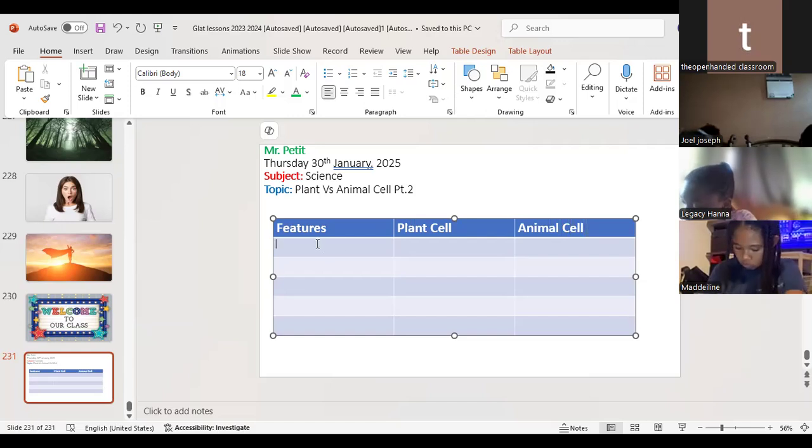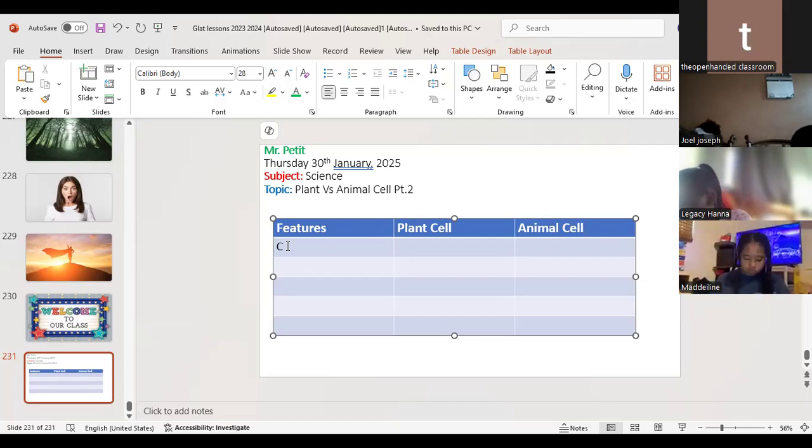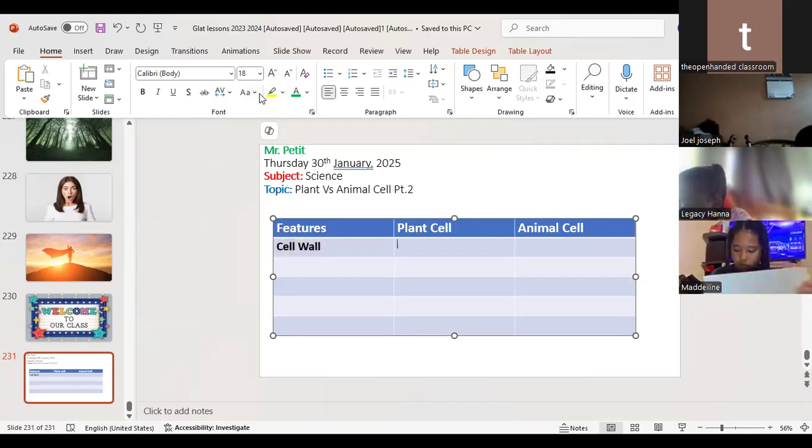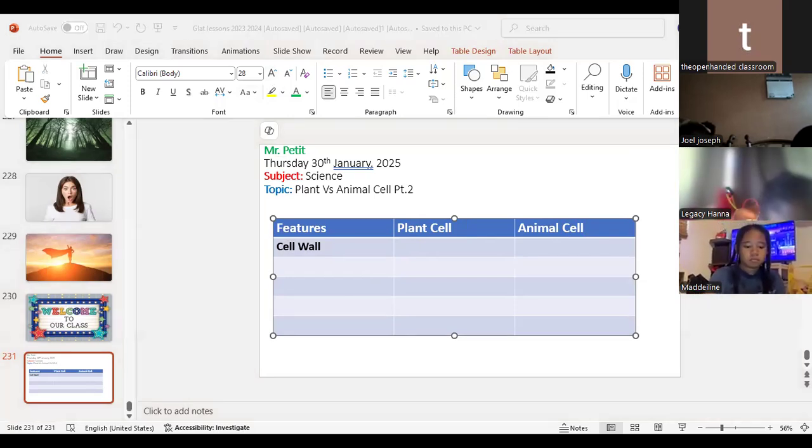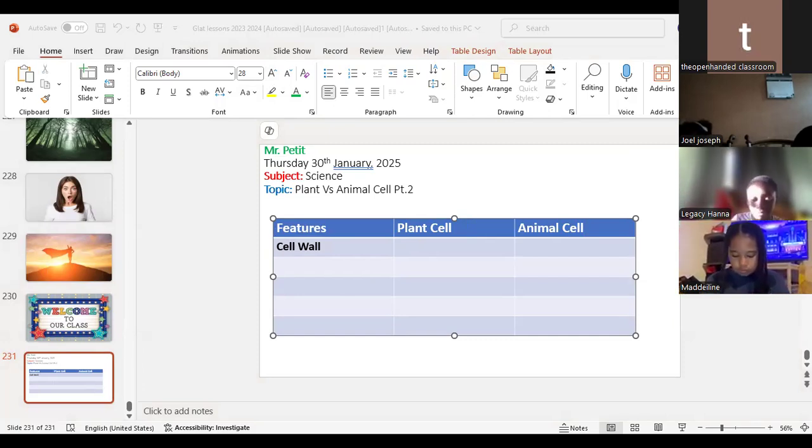So the first thing we look at is the cell wall. So does a plant cell have a cell wall? Yes or no? Class, do you all know? Do you remember from last week? Does a plant cell have a cell wall? Yes or no? My book remembers, but I don't. Yeah, you have to know it. Legacy, you have to know it.